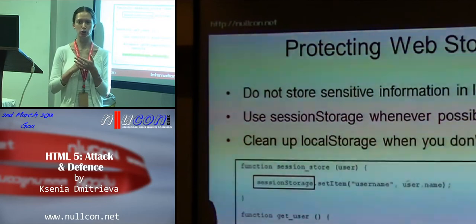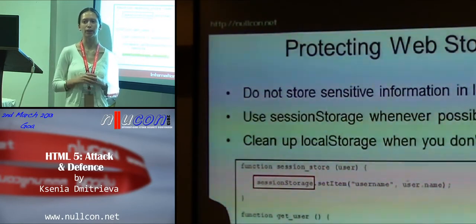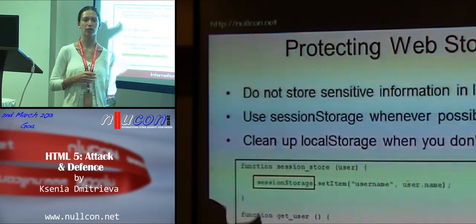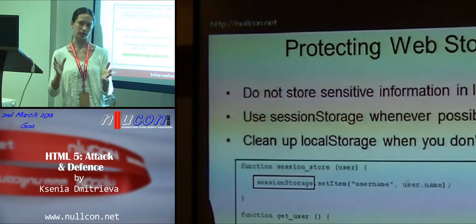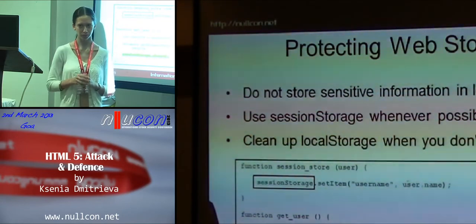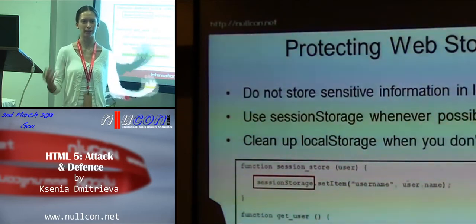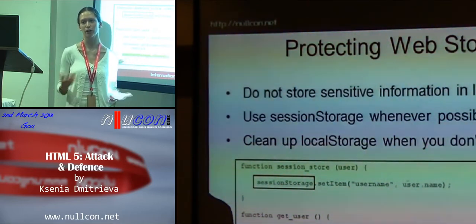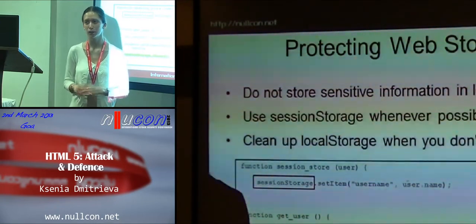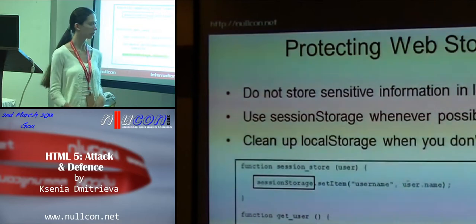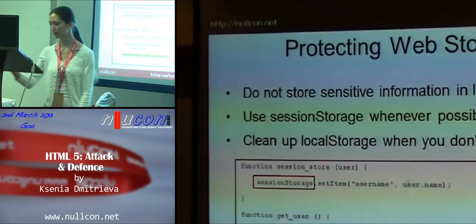It is controlled by the domain, by the origin, but it's not specified for the subdomain. So if you have your website, which can store, say, 5 megabytes, and then you create multiple subdomains and store other information, you can just eat up the space on the client's computer. I mean, it's not a huge security problem, but still it is. So that means the technology is new, it's not completely tested. There can be some interesting things, so be aware of it.